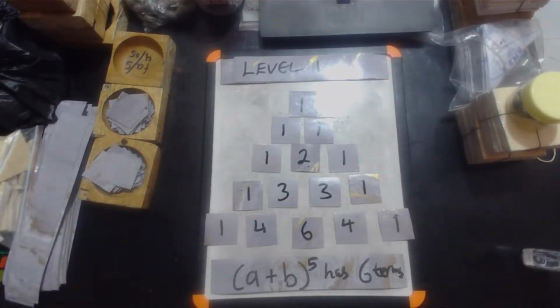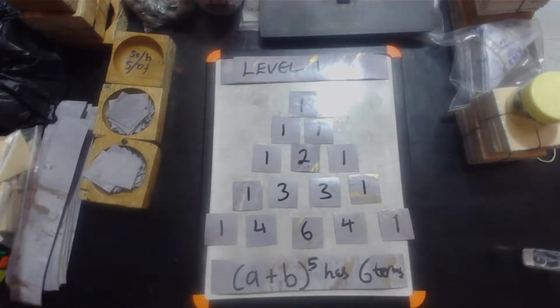Is this statement true? And the coefficients in row 5 of Pascal's triangle are 1, 5, 10, 10, 5, 1. Is that true? That is the end of level 1.